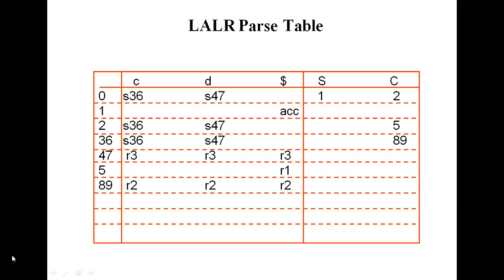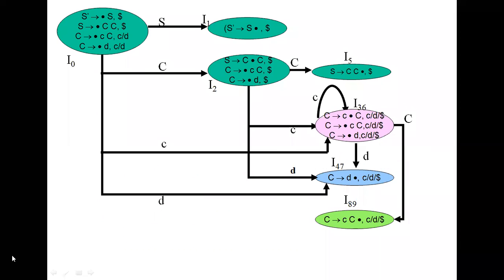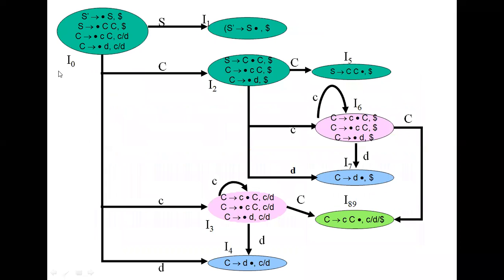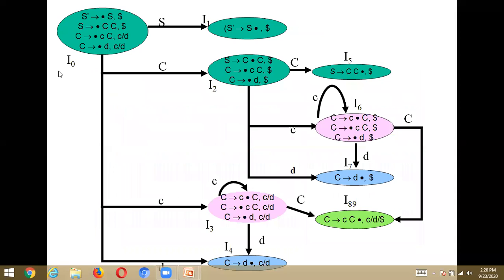See, in the CLR parsing table, I am having action of 0 with C is S3. Before knowing what this S36 is, just go to the CLR computations.